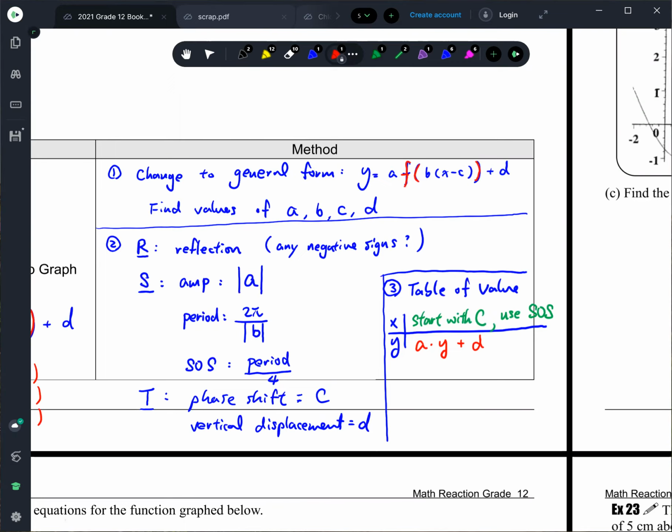If D is positive, it will make it go up. The Y values that I mentioned here is the basic. It depends on the sine or cosine, so it could change.